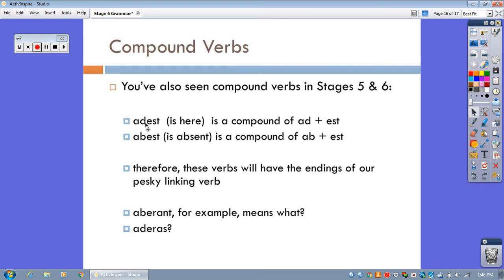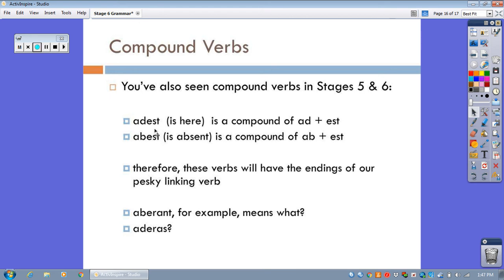For example, adest, that's from stage 5. It means is here. It's a compound of ad, meaning to or toward, and est, meaning is. And now in stage 6, you have abest, is absent or is not here. And that's a compound of ab, which means away from, plus est, meaning is. Now, the est part, because that's our linking verb, if we want to make adest or abest into the imperfect tense or the perfect tense, then we're going to use those imperfect and perfect tenses of that linking verb.